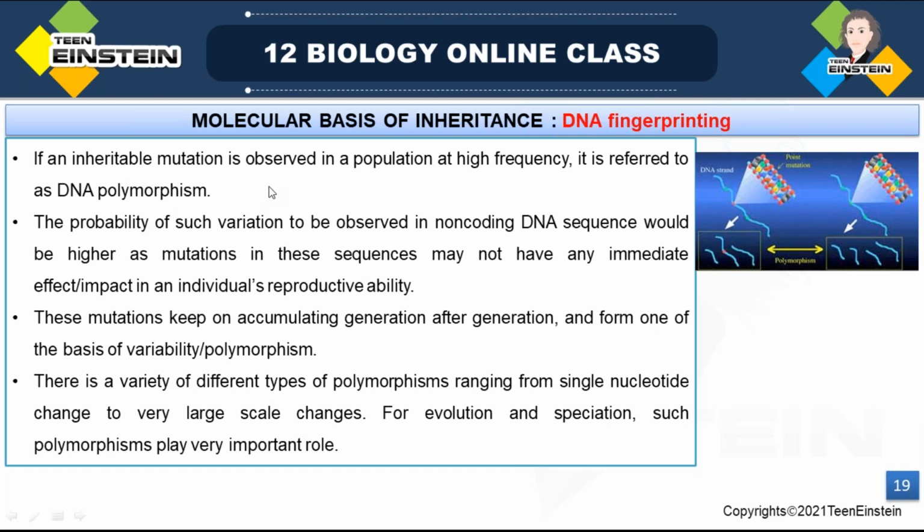If an inheritable mutation is observed in a population at high frequency, it is referred to as DNA polymorphism. We said that the frequency should be more than 0.01%, and the probability of observing such variation is higher in non-coding DNA sequences, as mutations in these sequences may not have any immediate effect or impact on an individual's reproductive ability.